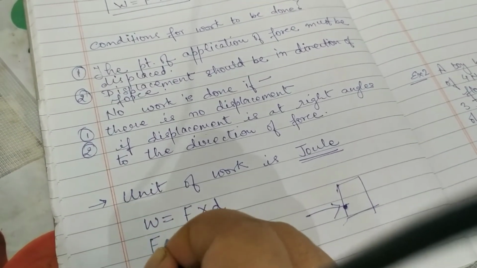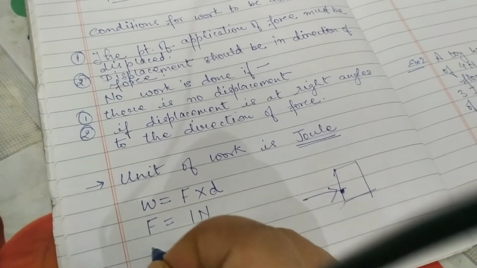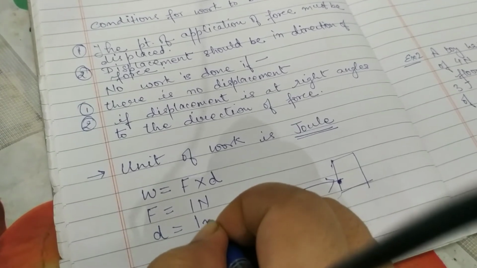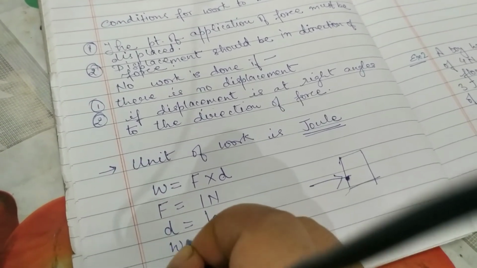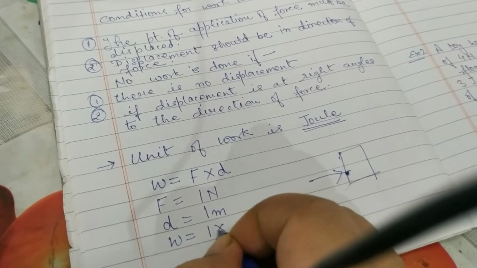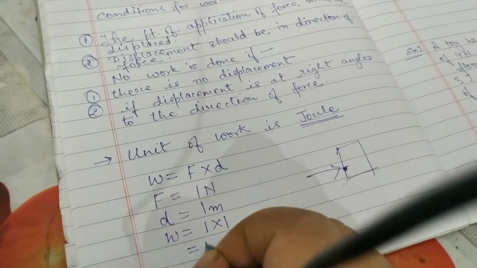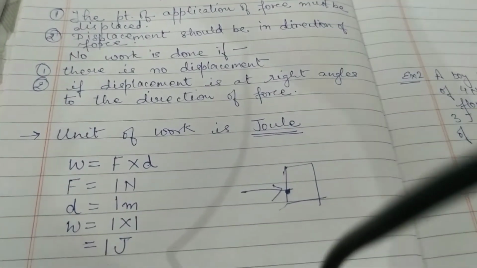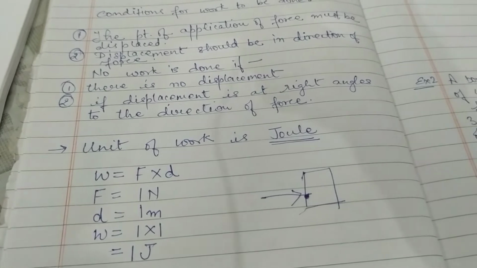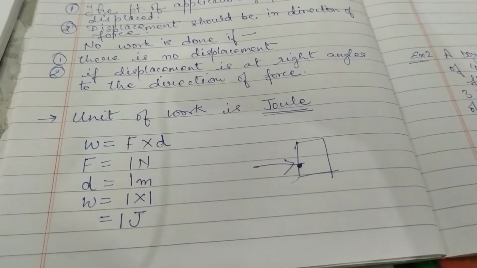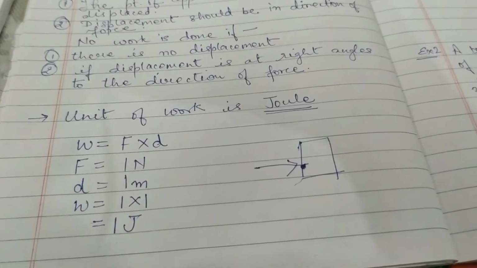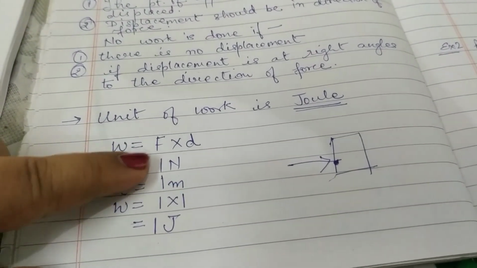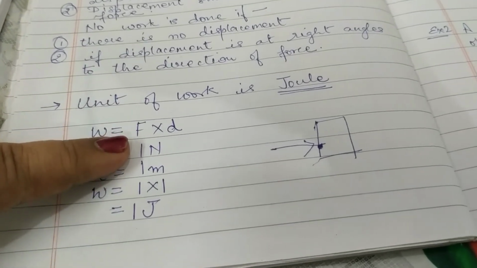Suppose force applied is 1 Newton and displacement when we apply 1 Newton of force is 1 meter, then what will be the value of W? 1 multiplied by 1, that will give us 1 joule. So how do you define joule? 1 joule can be defined as the work done when 1 Newton of force displaces a body through 1 meter, right?